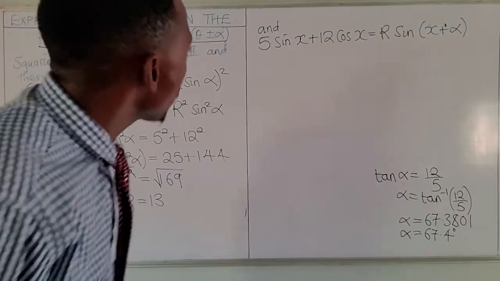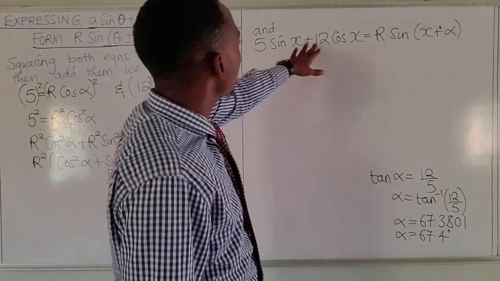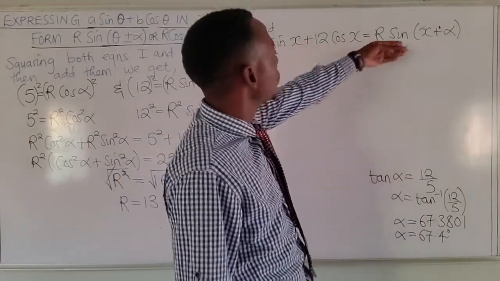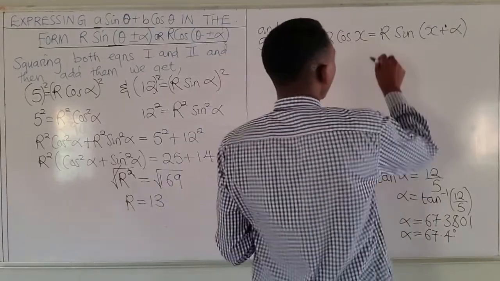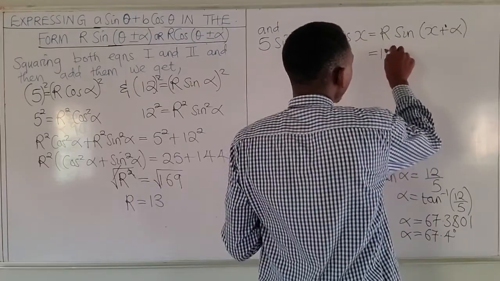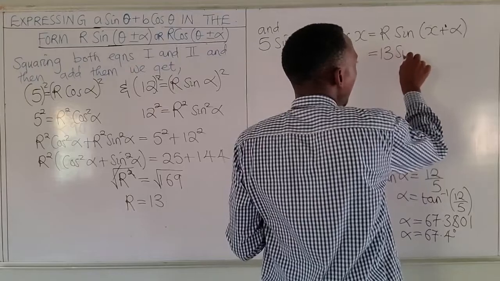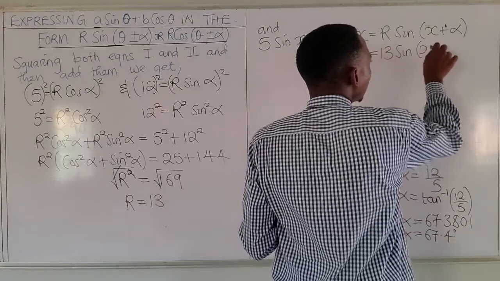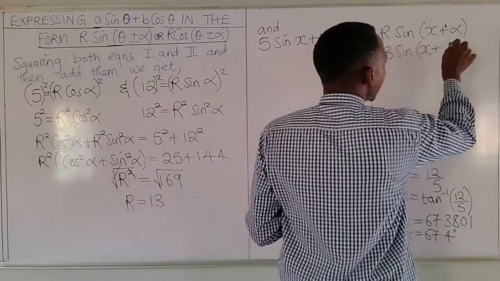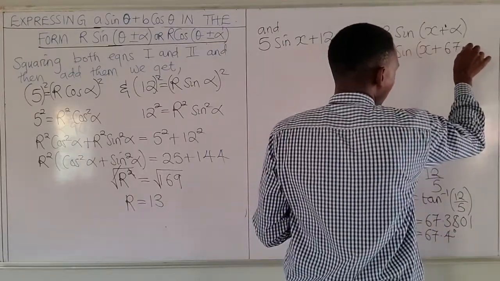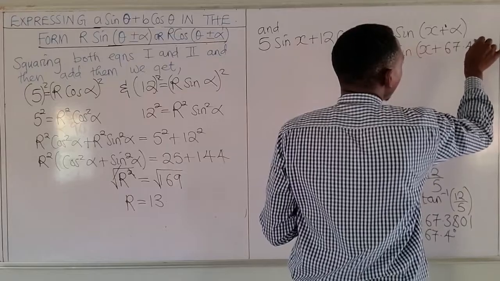And we know that 5 sine x plus 12 cos x is equal to this. So we have found that our r is 13. Sine x plus, what is our alpha? Our alpha is 67.4 degrees.